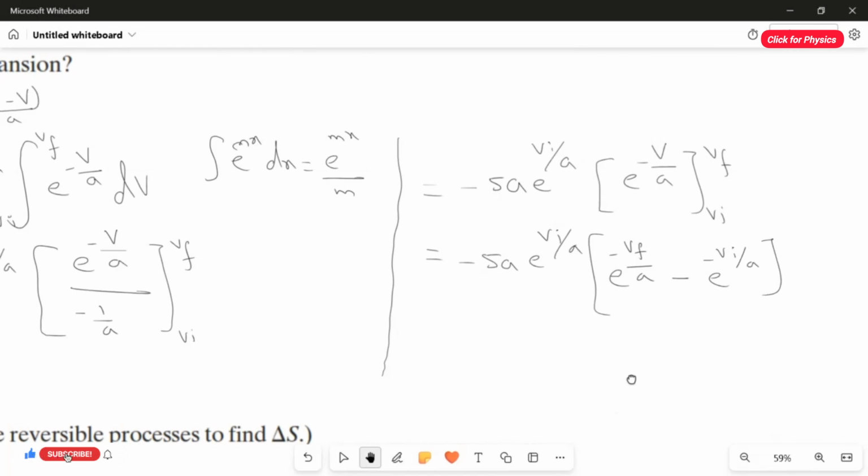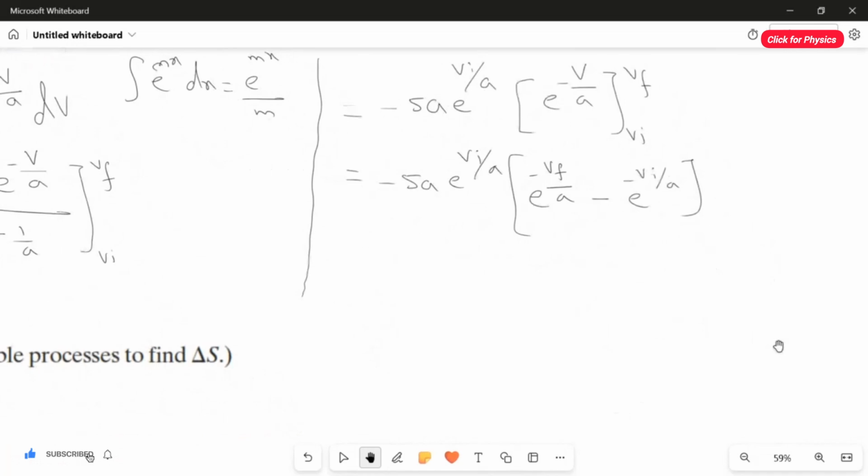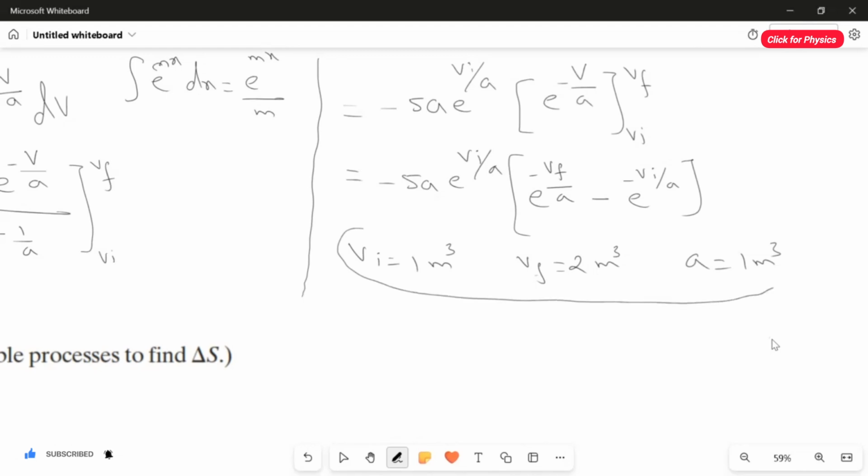Clear? As we already know the value for vi, vf, a, vi value in the question, it is 1 cubic meter, and v final, which is 2 cubic meter, and then the a value is 1 cubic meter. So I'm going to substitute all these values here.